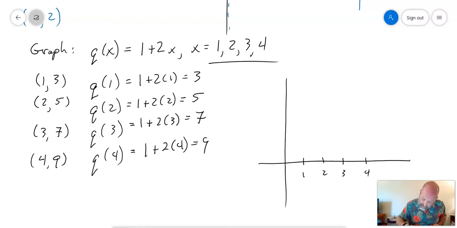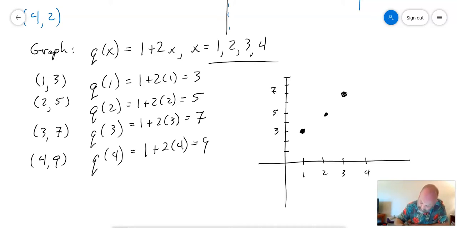And then over here on our x values, we'll make these a little closer. 3, 4, 5, 6, 7, 8, 9. Okay, so we have the point 1, 3. So there's our first point. Then we have the point 2, 5, which would be our second point. Then we have the point 3, 7, which would be there.